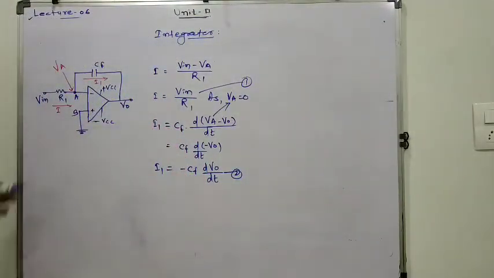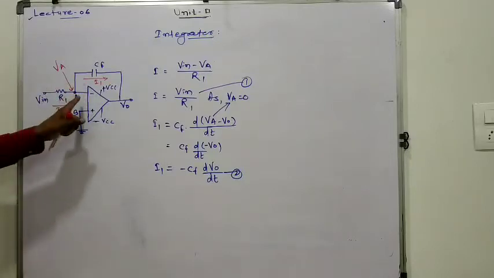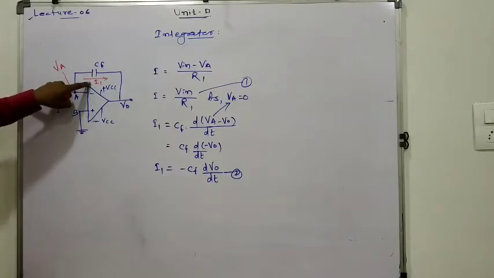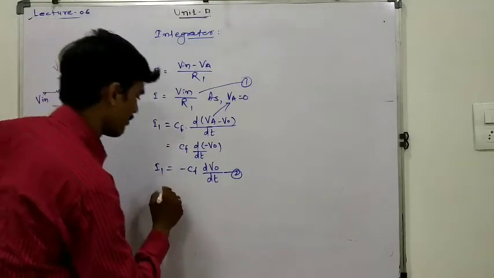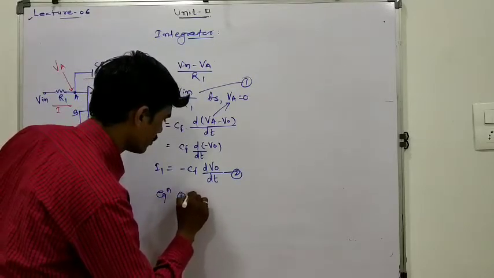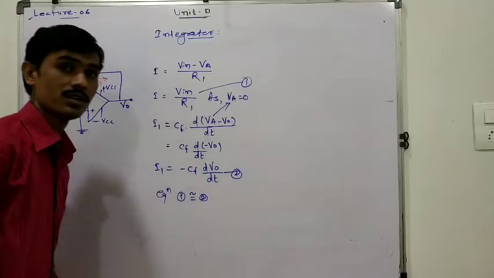Now if we look at the circuit and assume the bias current equal to 0, this I must be equal to I1. From this we can say equation 1 equals equation 2.